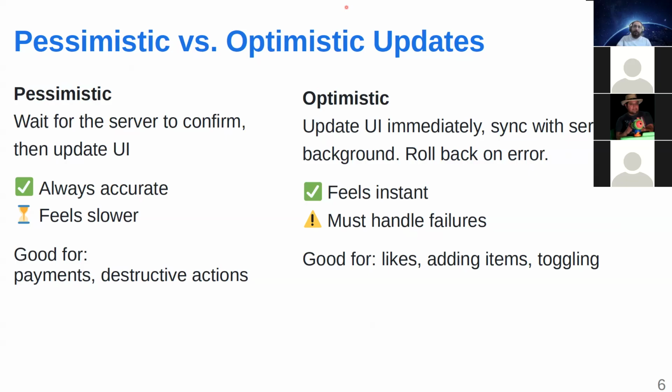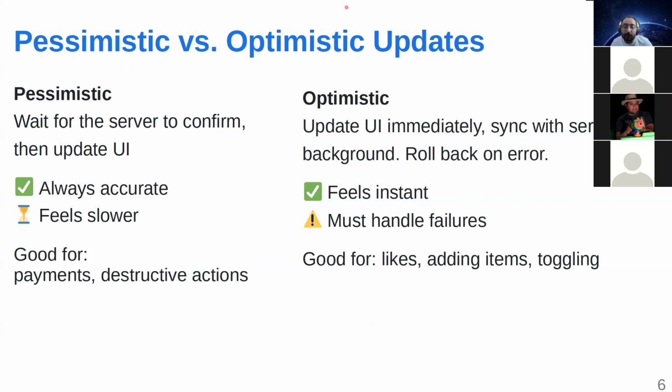However, an optimistic update works differently. The user interface updates immediately, before the server gives us any response. The application will feel very fast and smooth for the user, but we have some trade-offs.